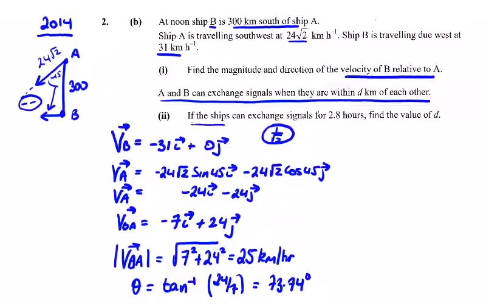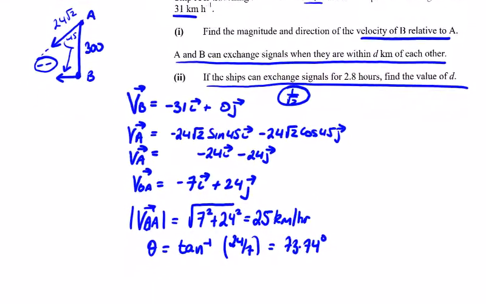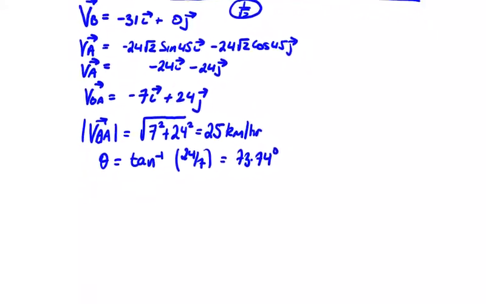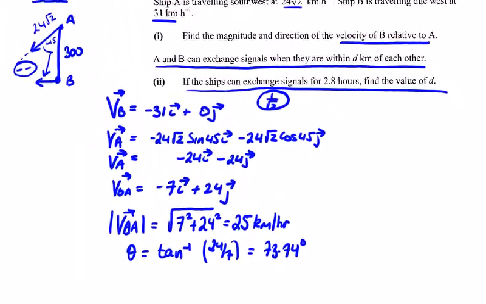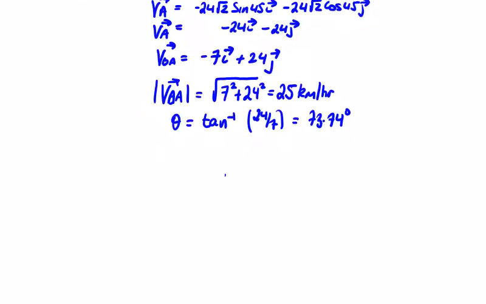Then we're told that they can exchange signals when they're within d kilometers of one another, and if they can exchange signals for 2.8 hours, find the value of d. So a sketch would help here. For the velocity of B relative to A, we have A above B. The velocity of B relative to A is minus 7, plus 24, so in this direction.